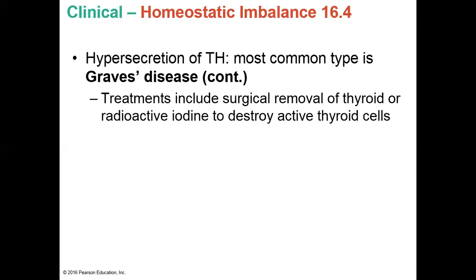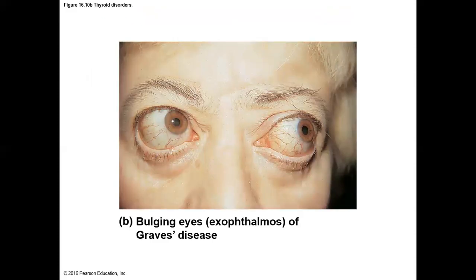Radioactive iodine will destroy the active thyroid cells. Isn't that crazy? Radiation. Okay. And this is that exophthalmos, the bulging eyes of Graves' disease.